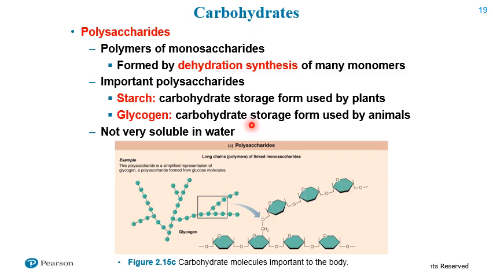Okay, so glycogen is carbohydrate storage, very important for animals to store, especially in the liver and in the muscle, right? And those are possible because of dehydration reaction. So dehydration synthesis, that's the name of the game here. Then when you need to use up the energy, you make this molecule undergo hydrolysis.